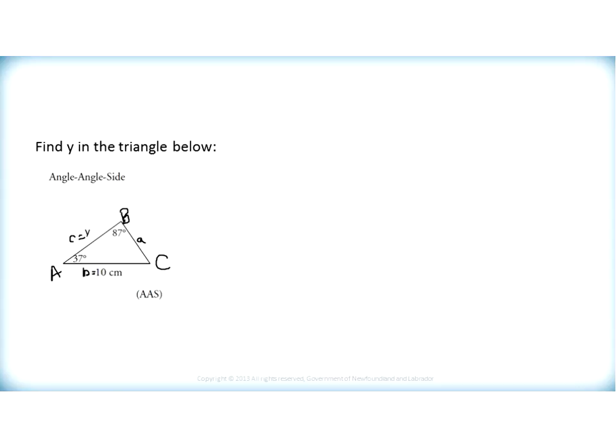Okay, so we're going to fill in the numbers into our ratio again. So we have A over sine 37 degrees is equal to B, which is 10 over sine 87 degrees, which is equal to y in this case.